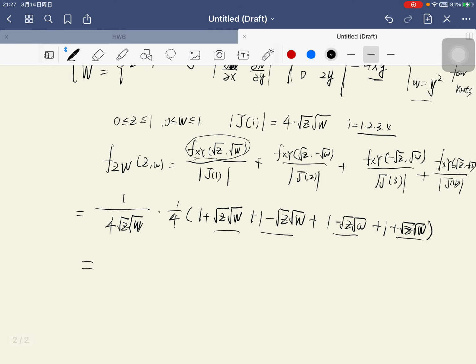So it is equal to 1 over 4 times the square root of z times the square root of w.